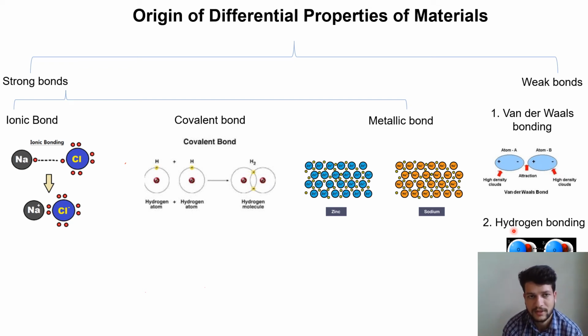So this was about the different properties of the material because of the different types of bonds that are present in that material, and they influence the properties of the material, and they also influence the interaction of these materials with the physiological system.